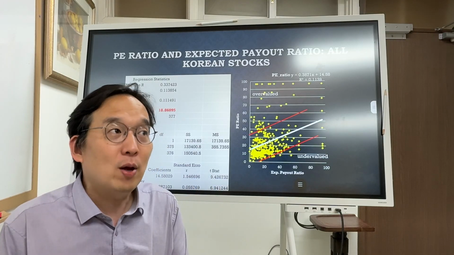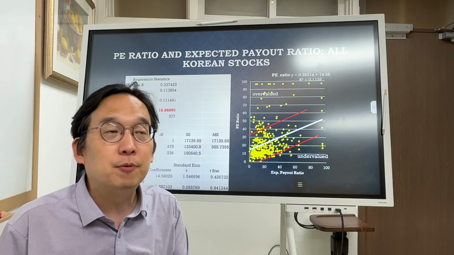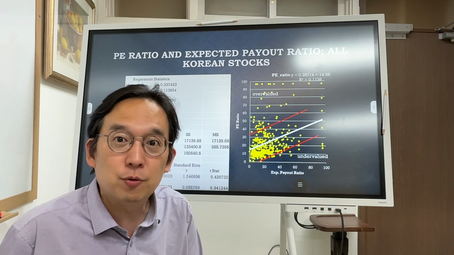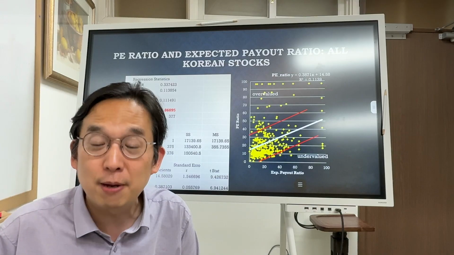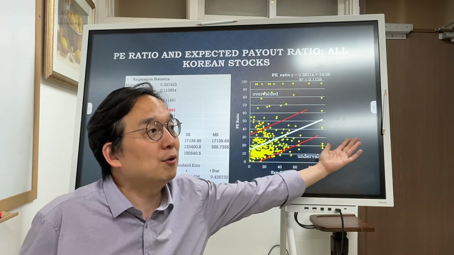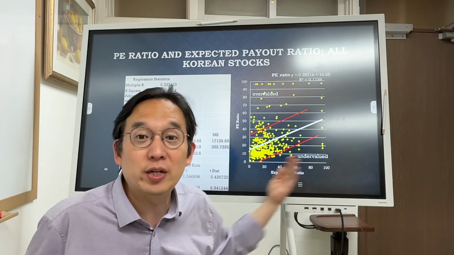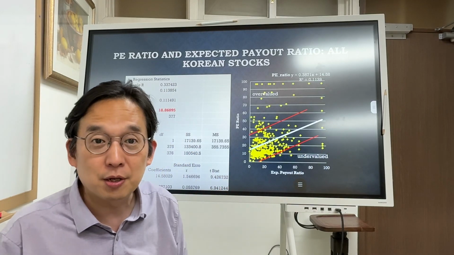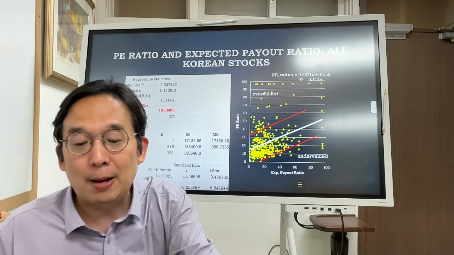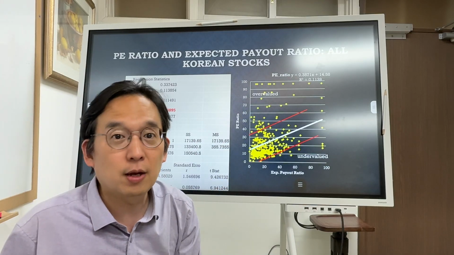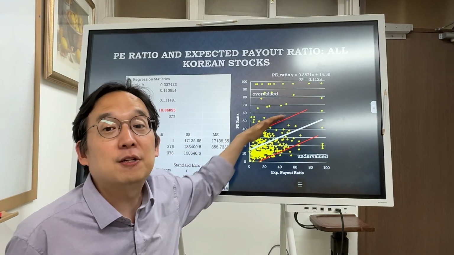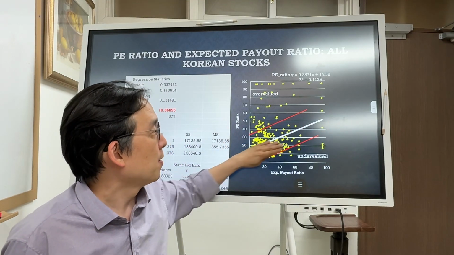Well, if it is the same growth potential company, then you like the company that treats you better. Shareholder governance, right? Stronger governance, better payout ratio; weaker governance, lower payout ratio. And then accordingly, the PE ratio is positively associated with it. Okay, you see that. So the majority of the stocks are efficiently priced over here.